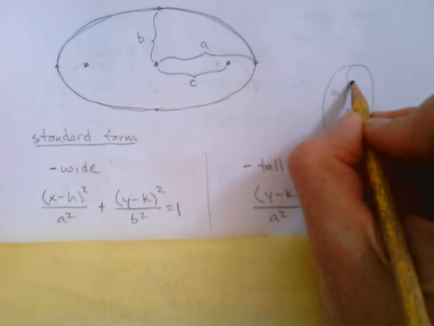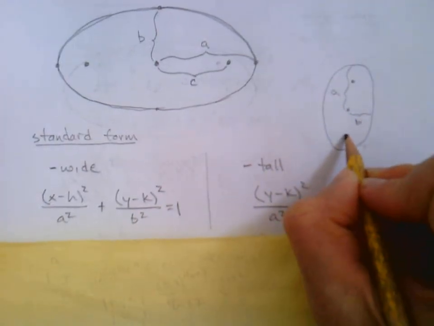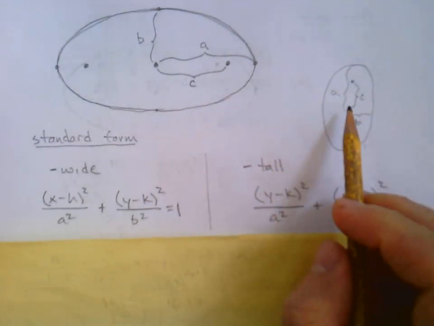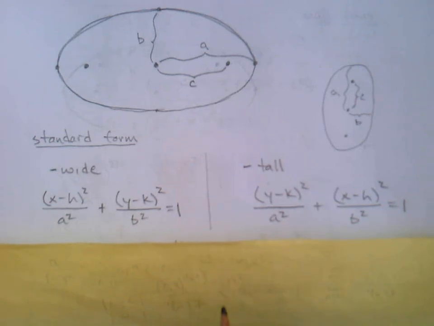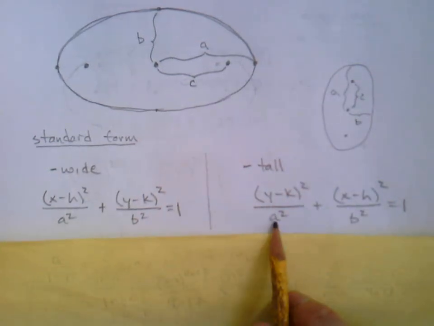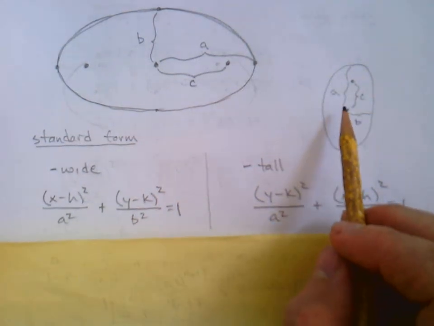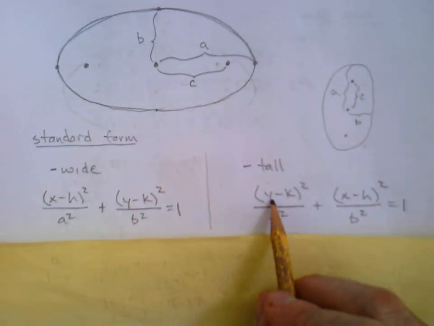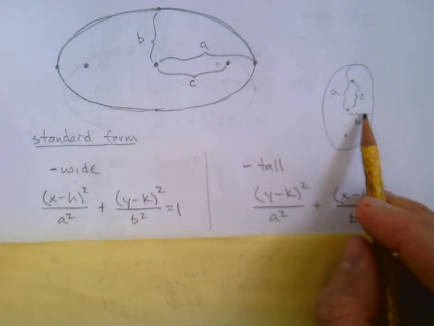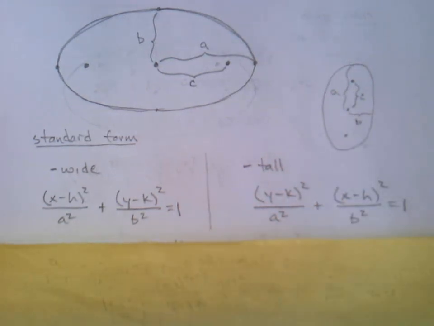Now in this case, the foci would be in there somewhere. There's C. So A and C always go in the same direction. B is perpendicular. So in that case, (y minus k) squared over a squared, because now A is going vertically, so that goes with the y, plus (x minus h) squared over b squared, because now b is going horizontally, equals 1.